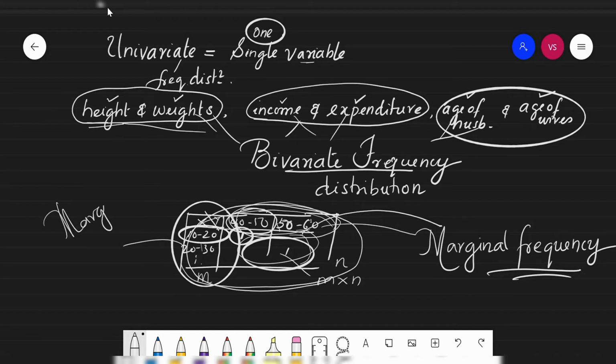If we put them together in the table, it is bivariate. If you extract one of the variables from the bivariate distribution, then it would be called a marginal frequency distribution, and that is what you need to understand. Okay, so I will take one problem and help you form this frequency distribution.